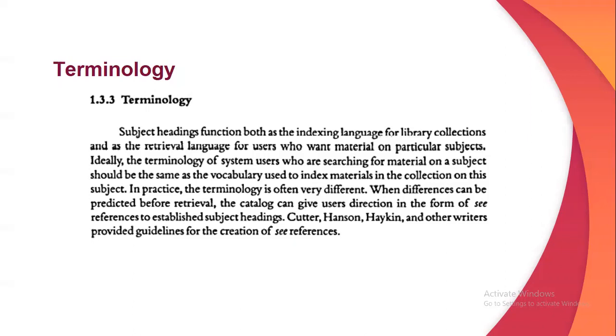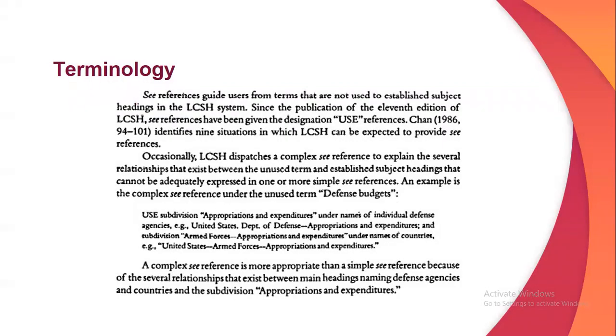Cutter, Haykin, Haken, and other writers provided guidelines for the creation of see references. The see references guide users from terms that are not used to established subject headings in the LCSH system. Since the publication of the 11th edition of the LCSH, see references have been given the designation use references.